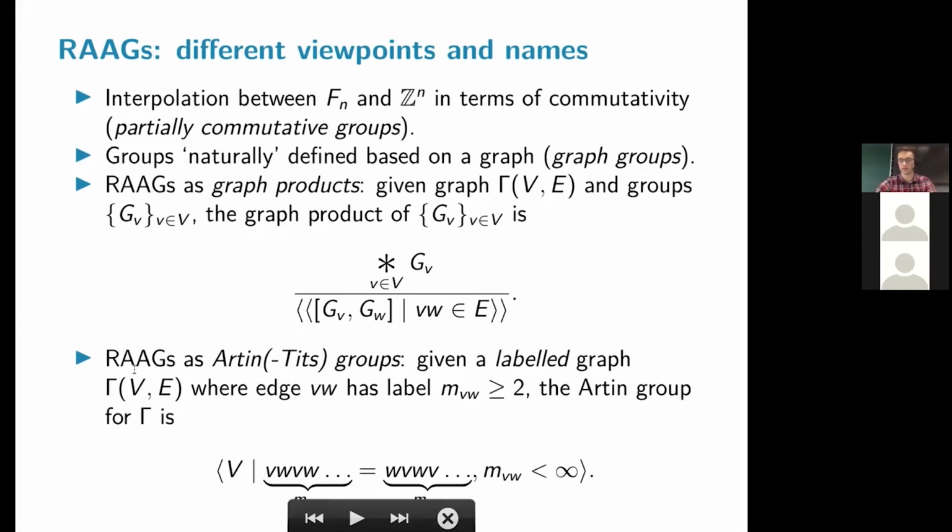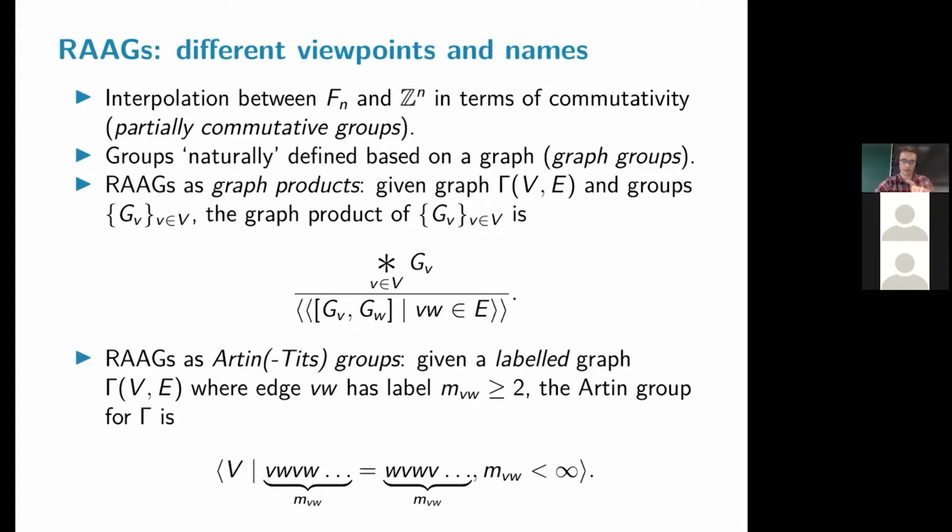So again, the same definition, finite set of vertices and a set of edges, but each edge carries a label, which is denoted by m_VW, and all the labels have to be positive integers, at least 2, but they also can be equal to infinity. So we can give the edges a label infinity.